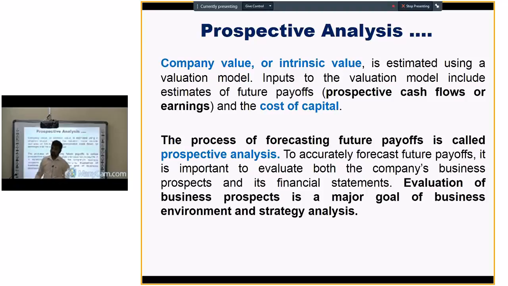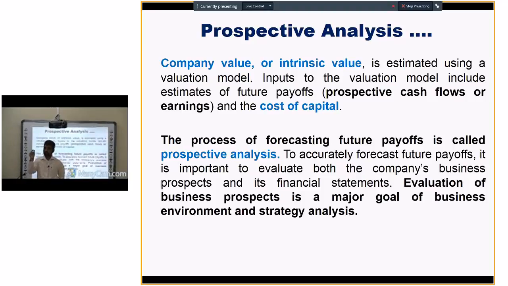Actually we cannot determine the exact future return, the exact future cash payoff, but we have to estimate or forecast that amount. Otherwise we cannot make decisions, right? As much as possible we have to estimate that amount logically.